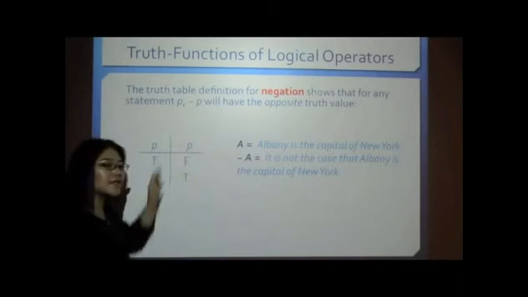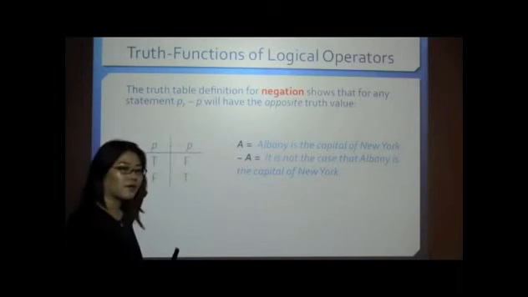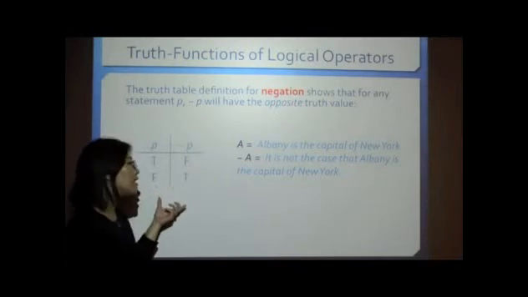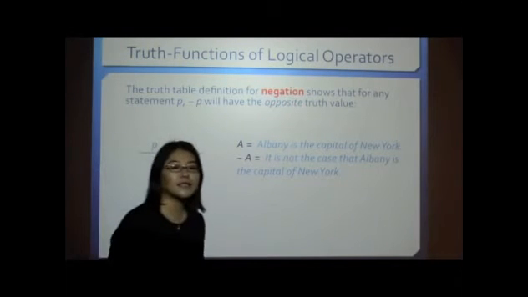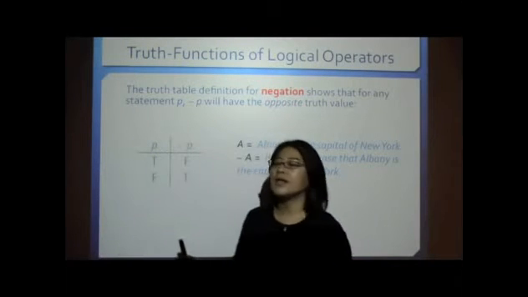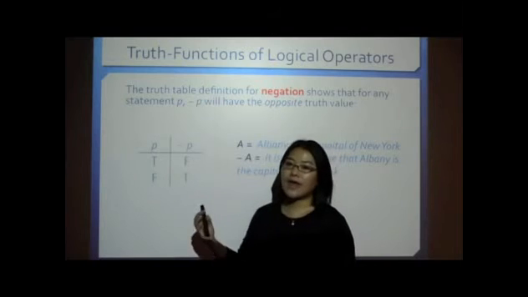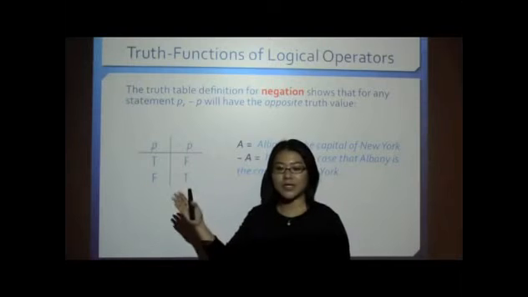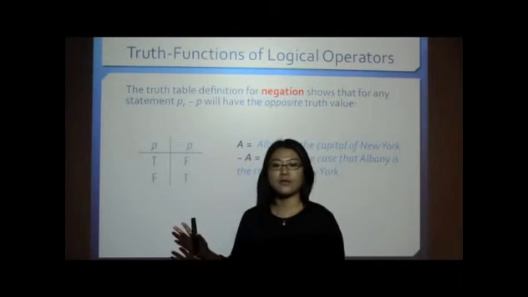So this defines the meaning of the logical operator. I highly recommend that you memorize the meaning of logical operators. The easiest way to memorize the meaning of the negation operator is to simply understand that if P has a certain truth value, then negation P will have the opposite truth value.